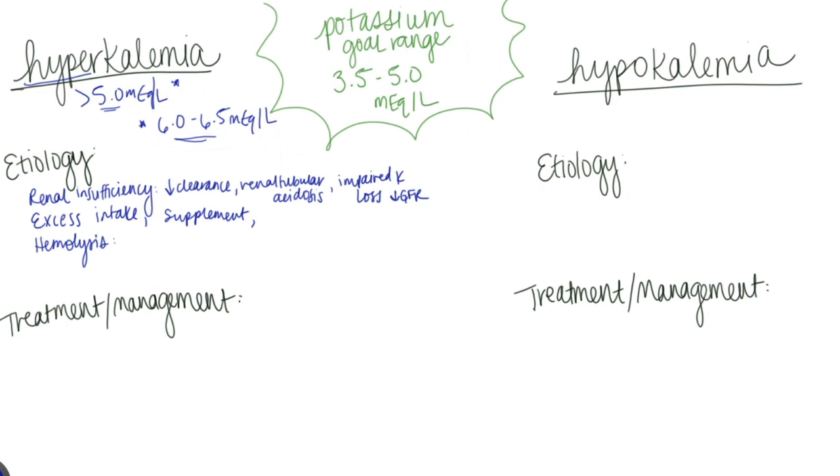So instances of hemolysis that you might see are GI bleeding, if there are any kinds of crush injuries, so this can release excess potassium, and just general instances in which you might see potassium bursting from cells.